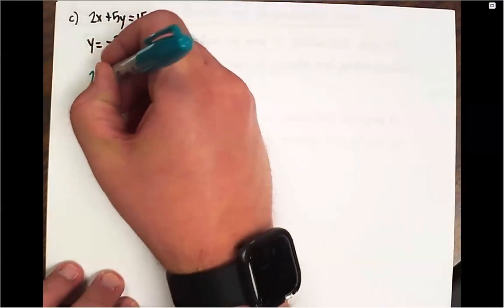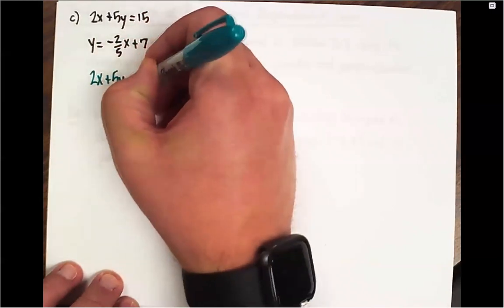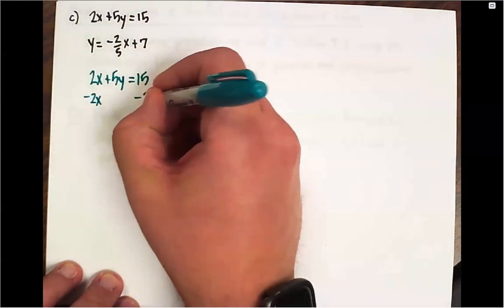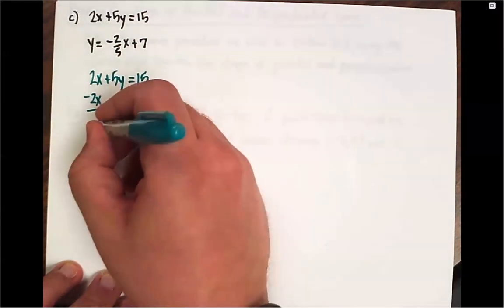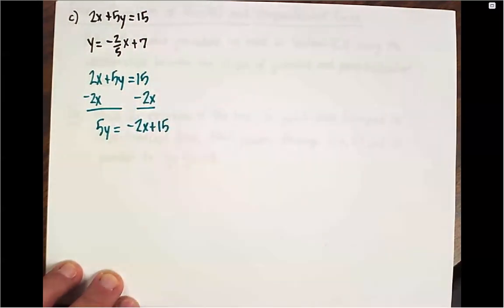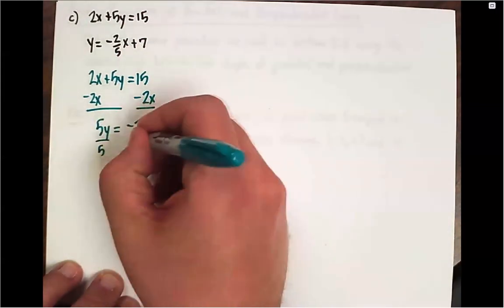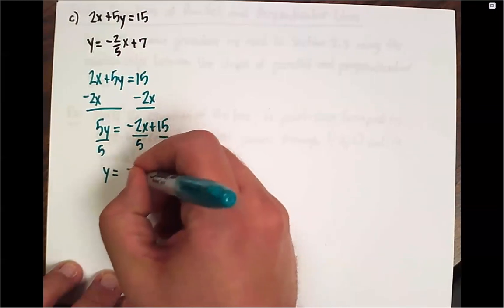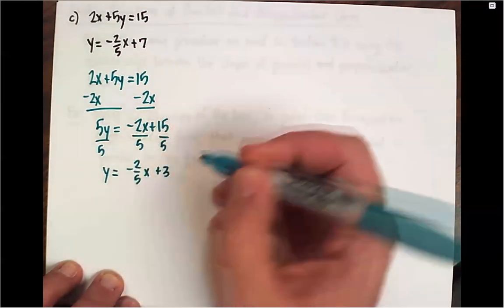So here's 2x plus 5y equals 15, and y equals negative 2/5 x plus 7. For 2x plus 5y equals 15, to write that in slope-intercept form, I'm going to subtract the 2x from both sides. That gives me 5y equals negative 2x plus 15. And then I'm going to divide everything by positive 5. So I get y equals negative 2/5 x plus 3.